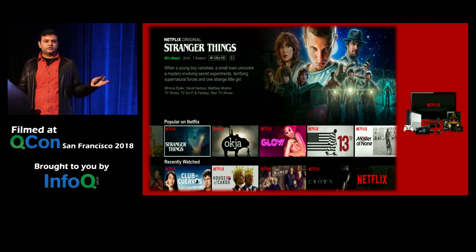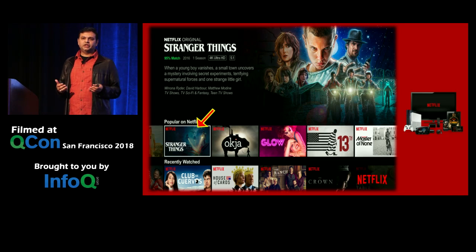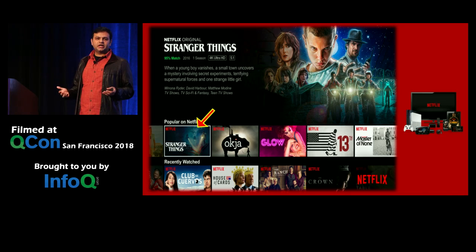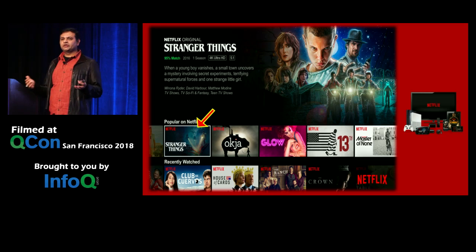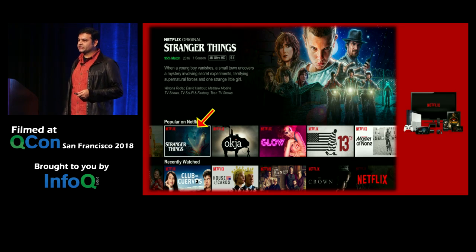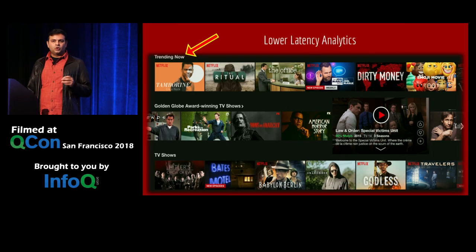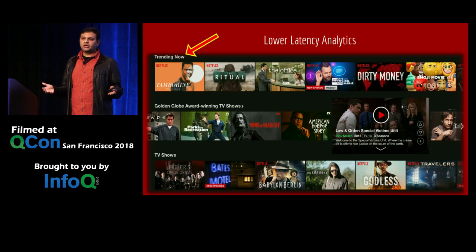A whole bunch of events were generated behind the scenes that you didn't know about, so that we can provide users a really rich, personalized experience. We have over 130 million members, so we want to provide every one of them a unique experience when they come to the site. If you look at one of the home pages, you'll see this row called trending row.